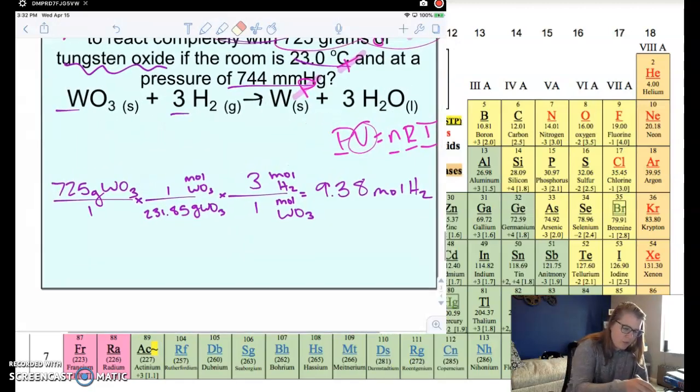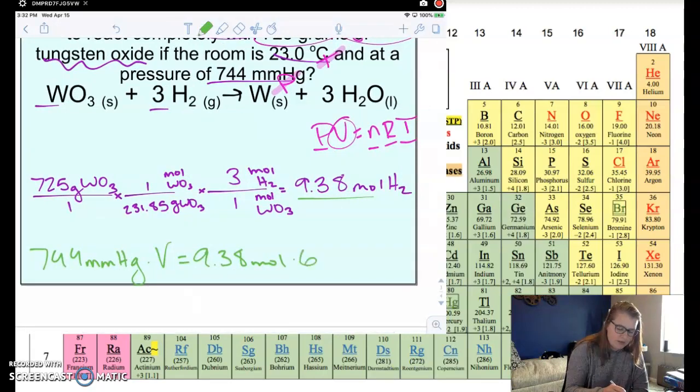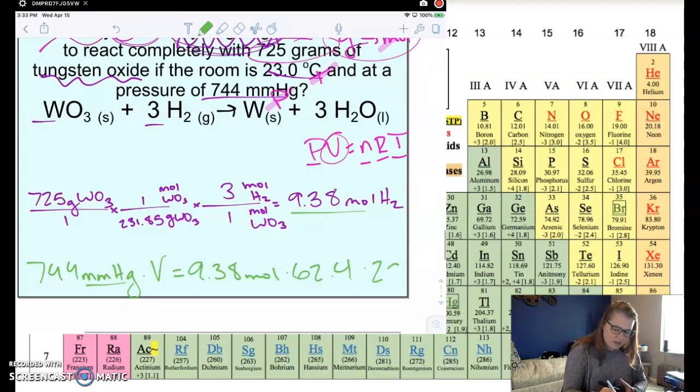My pressure was 744 millimeters of mercury. I'm solving for volume. My moles I just solved for, 9.38 moles. The R value I'm going to pick is 62.4 because this is millimeters of mercury. My temperature is 23.0 degrees Celsius, but I've got to add 273. So that's 296 Kelvin.